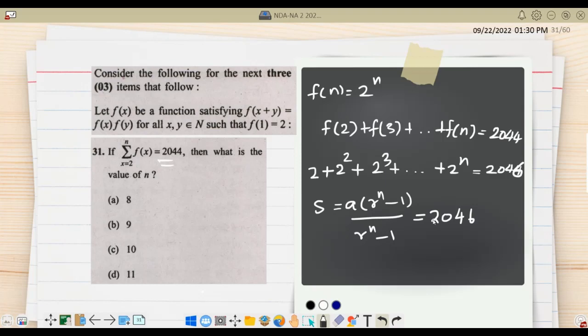There is not a big problem because there is only one variable and we have an equation, so we can easily solve it. Now we substitute the values for a and r in the equation.